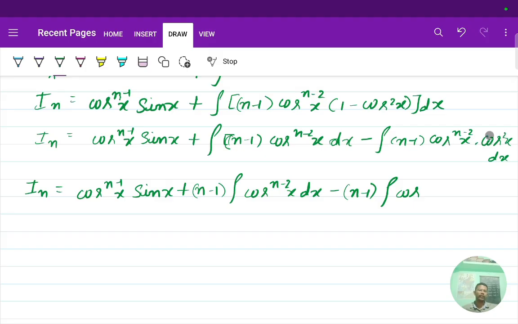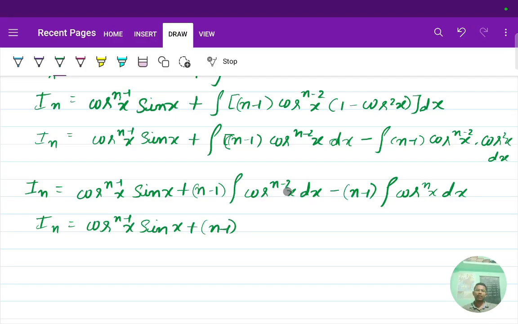So here minus 2, here plus 2, cancels, and n is left. So integration cos nx dx. You understand? Okay, then I_n is equal to cos power n minus 1 x into sin x plus n minus 1.